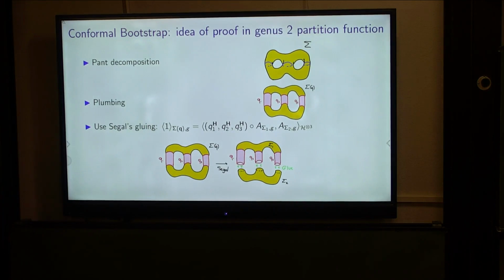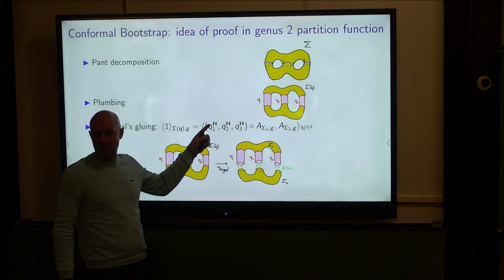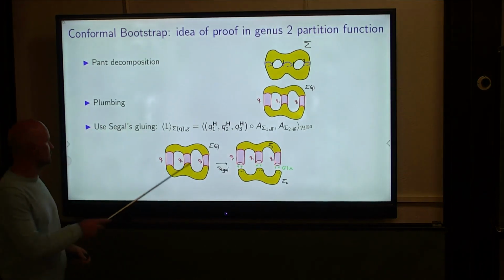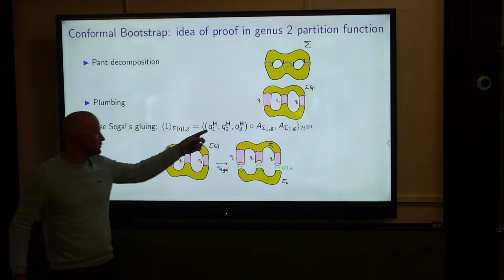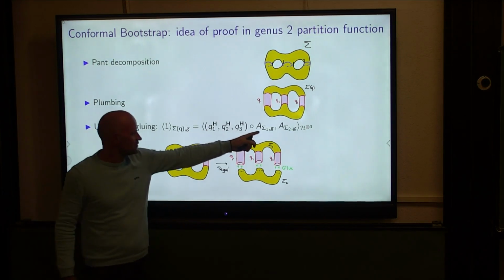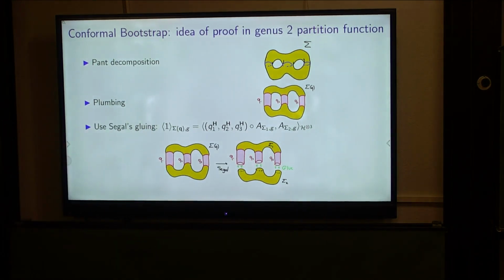But we have already seen that the cylinder is just the semigroup, the propagator. So it's basically a q^L edge. I only told you this story when q is a real number, but it can be extended to complex values. So this is just the propagator that you apply to the amplitude, and then you do the pairing with the amplitude below.